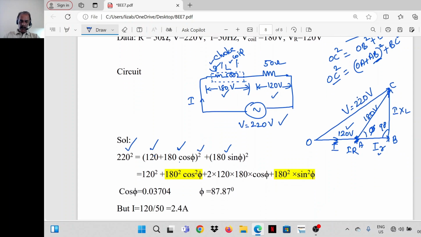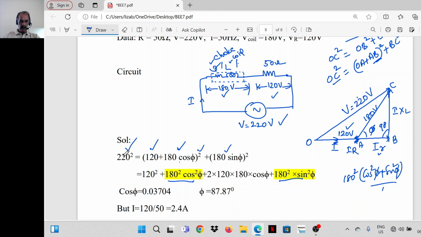So expand it and add these two terms: 180 square cos square phi plus 180 square sin square phi will be 180 square into cos square phi plus sin square phi. This is equal to 1, so it is 180 square. On the right hand side, you will get only one unknown, cos phi.